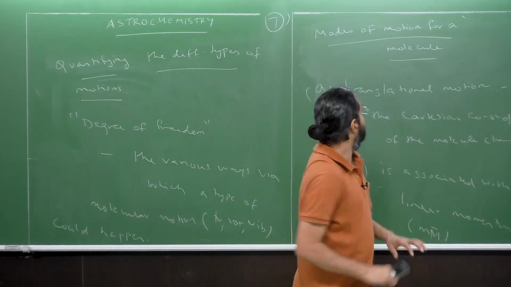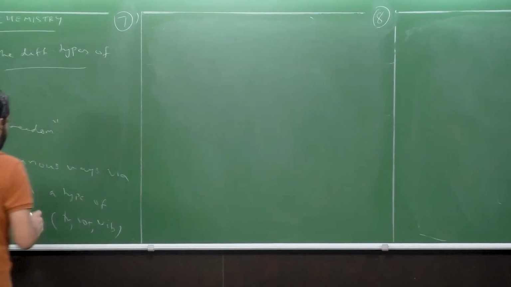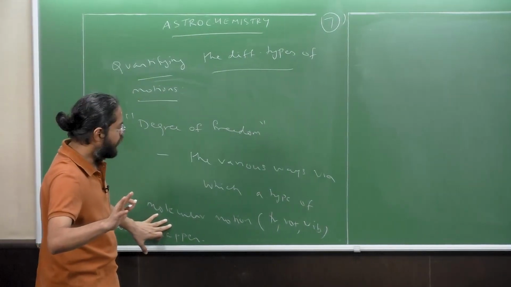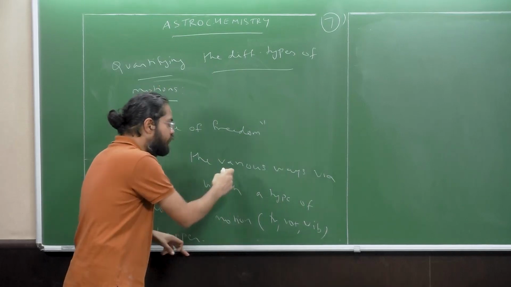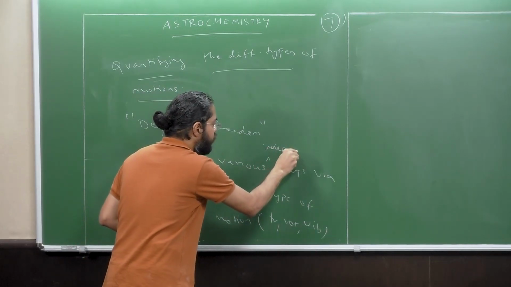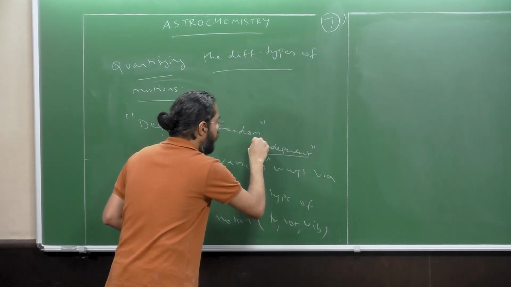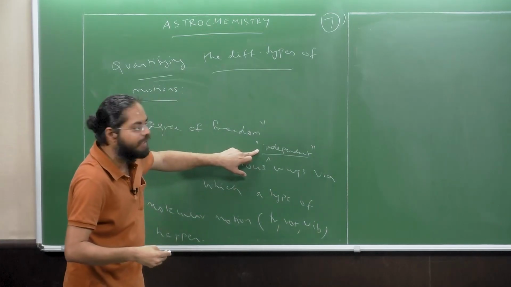So by the phrase degree of freedom, I refer to the various ways via which a type of molecular motion could happen. Now, I want to make it more precise. It's not just the various ways, it's the various independent ways. Very soon, while discussing some examples, I'll tell you what exactly the phrase independent means.